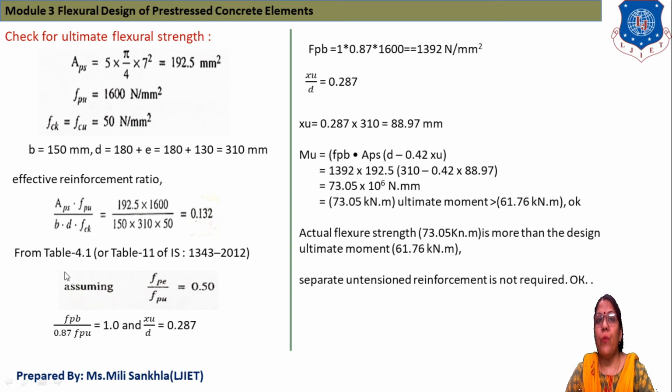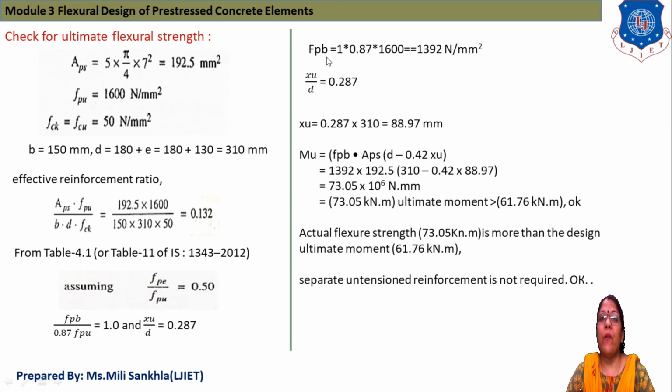Now from table 4.1 and table 11 of IS 1343 2012, assume that the ratio FPE divided by FPU is equal to 0.50, FPB divided by 0.87 FPU is 1, and XU by D is equal to 0.287.